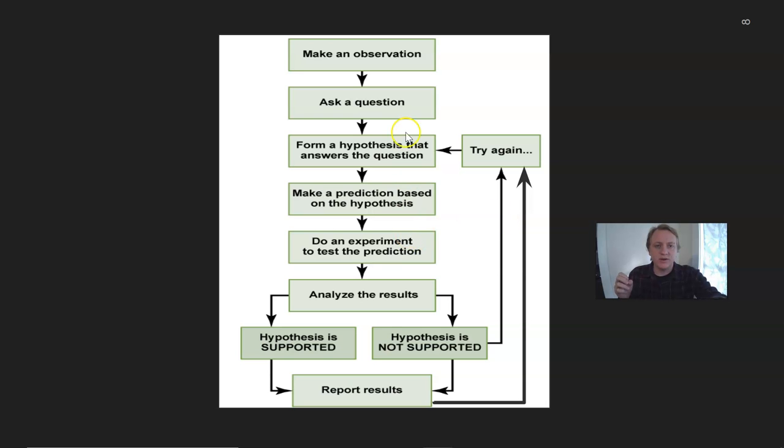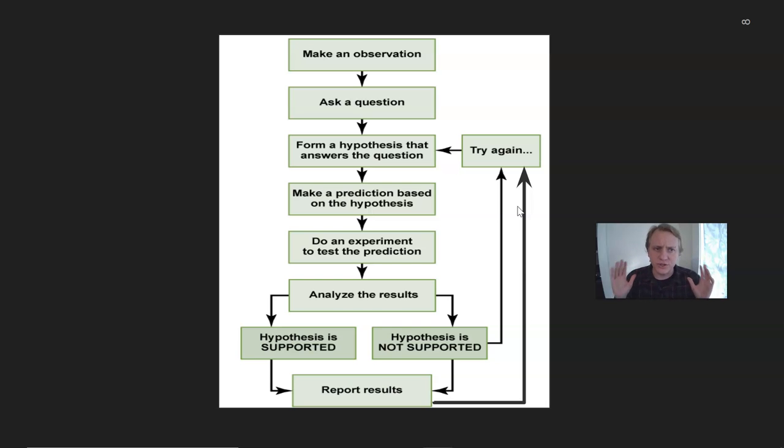So here, the diagram in the book just shows, hey, if your hypothesis is not supported, try again. Okay, but you can actually get further than that before you need to try again, because what happens in the process of peer review is basically what scientists are doing is they're giving it to other researchers in the field and saying, hey, look at this. Did we do everything right?